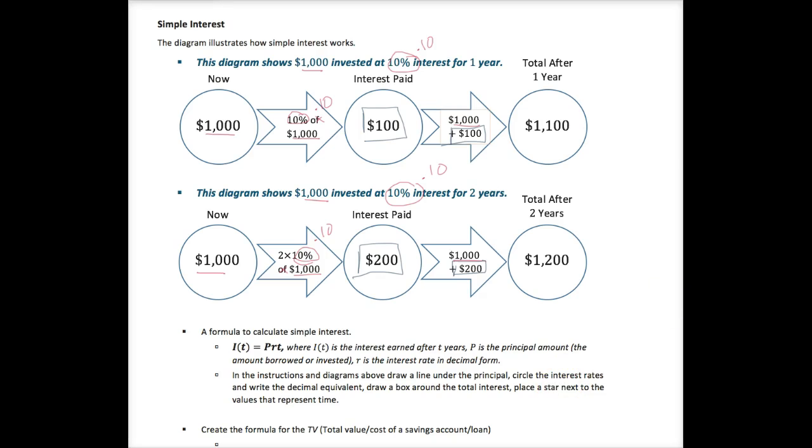Let's have another color, and time is represented right here. This is the 2 years, so this is time, and this is time. And here there's an implied one, but we don't write one when we already know it's 1 year. All right, that's very good.